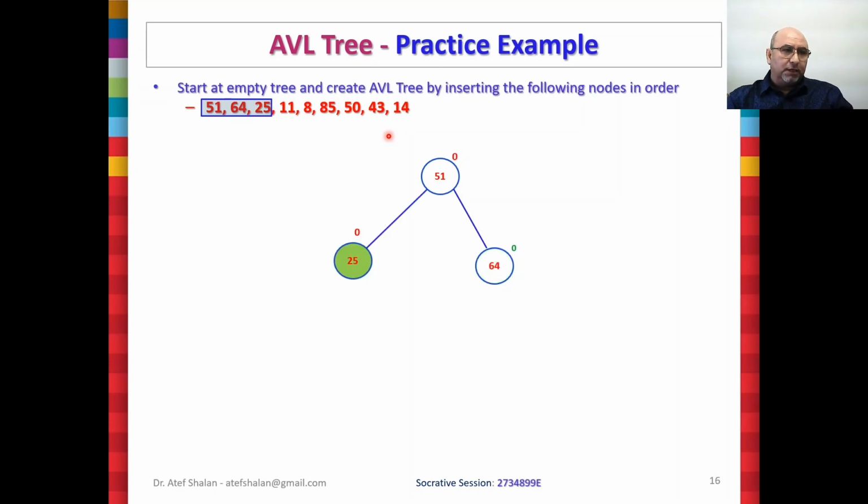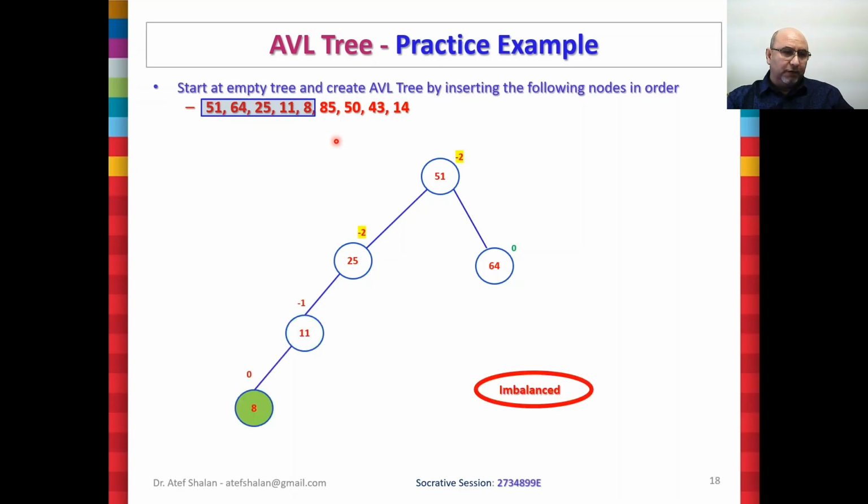Then I want to insert 25, and it should go to the left of the 51. Well, so far it is going very easy. Now I want to insert the 11, so it goes on the left of the 25. And I want to insert 8, it goes again to the left of 11.